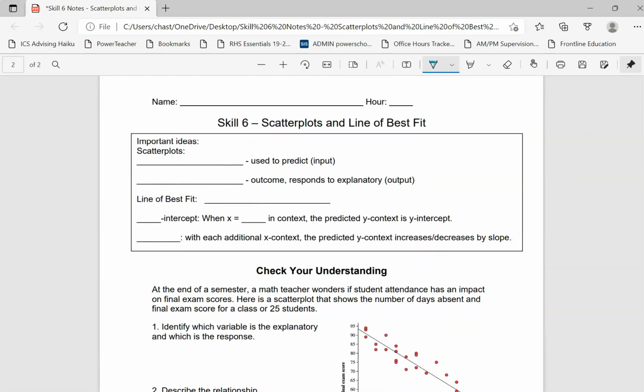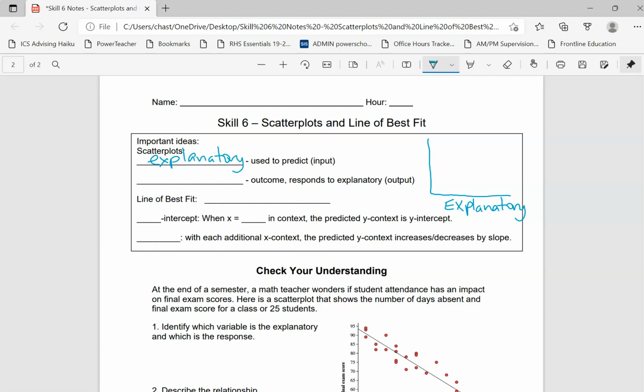Alright, so some important ideas here. The first thing we need to do is talk about scatter plots. So when we talk about a scatter plot, remember you have your 2 axes. The explanatory variable is going to be on the x-axis, and we use that to predict things.